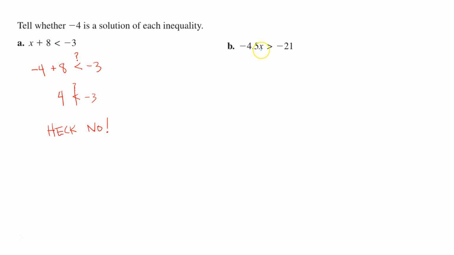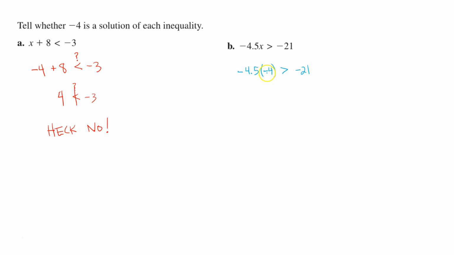What about this one? Let's plug it in and find out. -4.5x is greater than -21, so that means -4.5 times x, and we're going to plug in a -4 for x, is greater than -21. Is that true? Well, let's see.